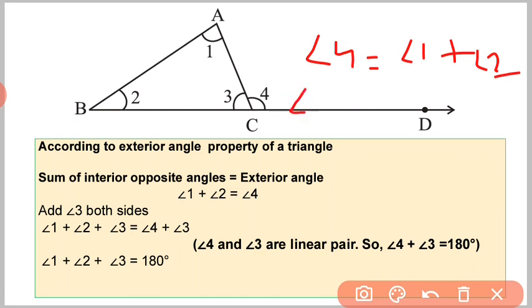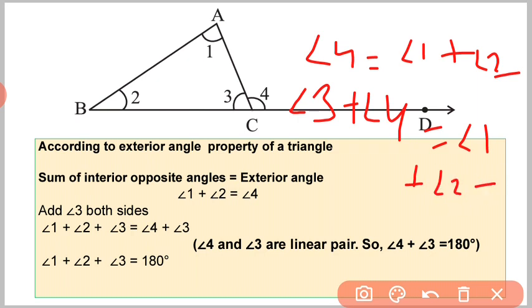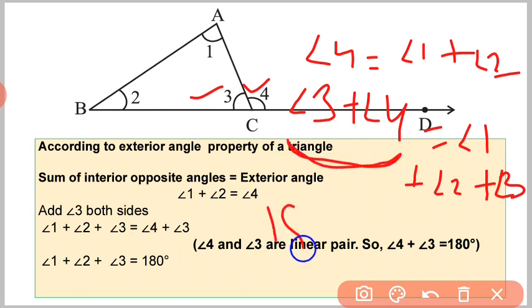We can add angle 3 both sides. But we see that angle 3 and angle 4 are a linear pair and therefore their sum is equal to 180 degree. So what will this sum become? It will become equal to 180 degree.